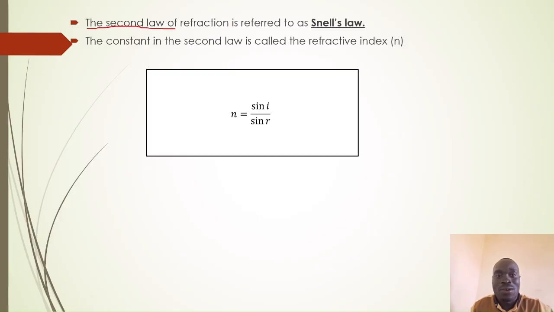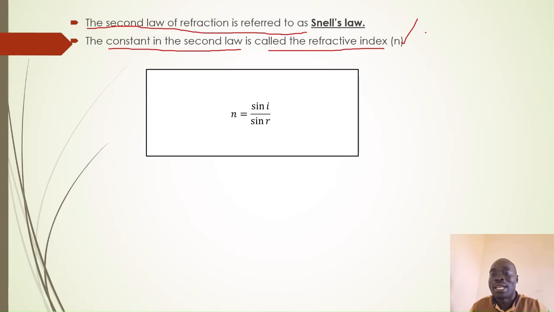The second law of refraction is referred to as Snell's law. And this was derived by a Dutch mathematician, Willebrord Snell, in 1621. The constant in the second law is called the refractive index, which is denoted by n.